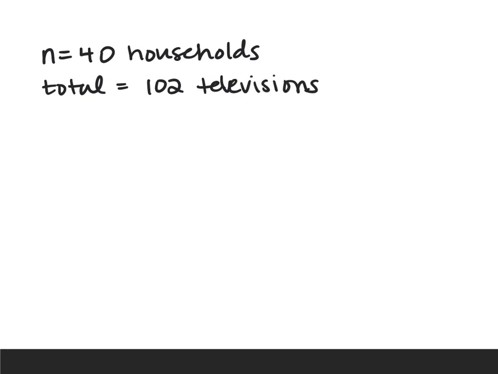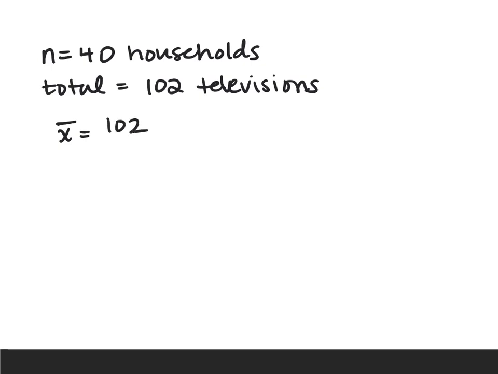And so we're wanting to know what would be the sample mean for this sample of 40. Well, to find the mean, if I had the data, I would add up how many televisions in each household. Those would be 40 numbers I would add up. And what I'm being told is that when I do that, I get 102. So this is basically the sum of all of our data.